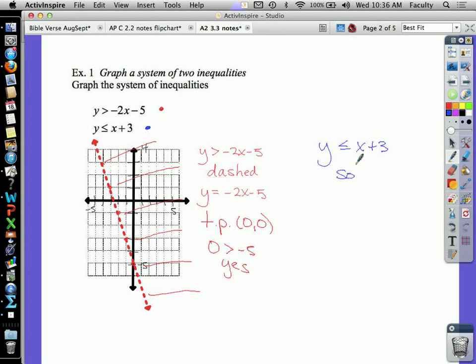So this is solid. I'm going to change it to an equal sign. Good news, it's in y equals mx plus b form. I go up to 3, and then it's up 1, right 1, but I can also go down 1, left 1, down 1, left 1.